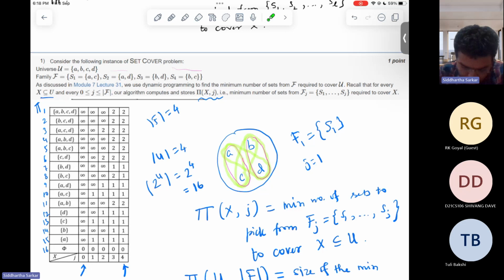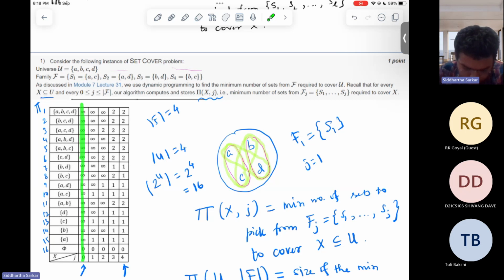So this row is saying that if you're supposed to cover nothing, then you do not require to take any sets at all. So zero sets out of S1, S2, S3 will be sufficient to cover nothing. So that is the base case. And this column is also a base case.